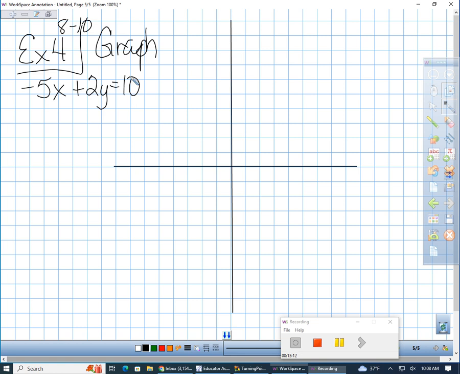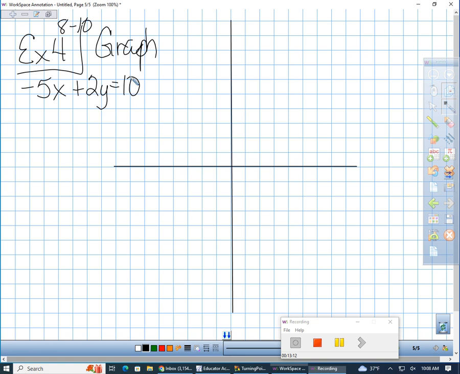But think about it this way. If we change this and multiplied everything by a negative 1, I'd have a positive 5x and a negative 10. So when I divide, aren't I going to get the exact same thing? Right? So let's save just a little bit of work. And we're just going to do it right from this form where it's at. Okay? As long as your x's and y's are on this side, we can graph it from here.